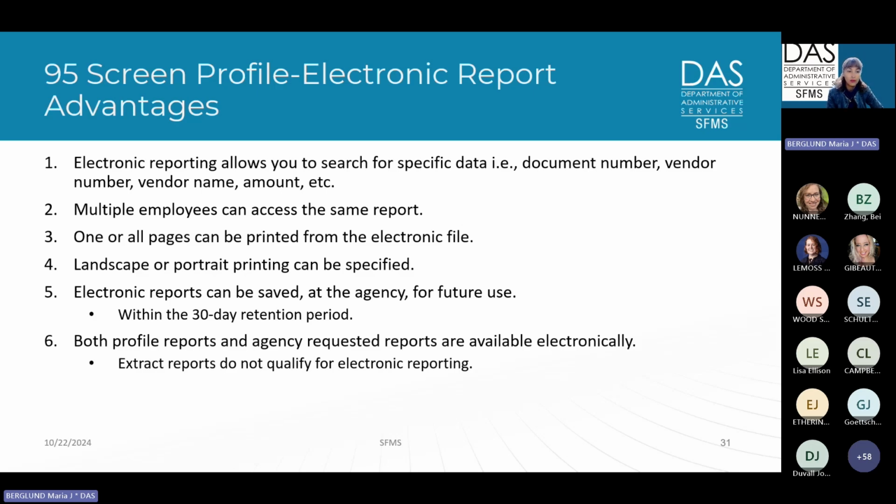But if you think you would need this report for longer than 30 days, please make sure to save it in your agency or local network to have access in the future. And this electronic version can be ordered for all of our reports, either requestable or control reports.